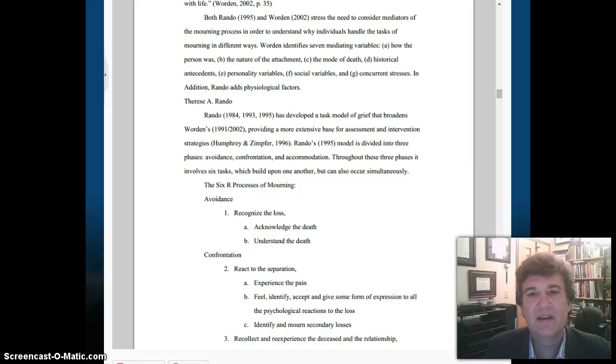They both stress the need to consider mediators of the mourning process in order to understand why individuals handle the tasks of mourning in different ways. Warden identifies 7 mediating variables: who the person was, the nature of the attachment, going back to Bowlby, the mode of death. Was it traumatic? Was it peaceful? Was it anticipated?